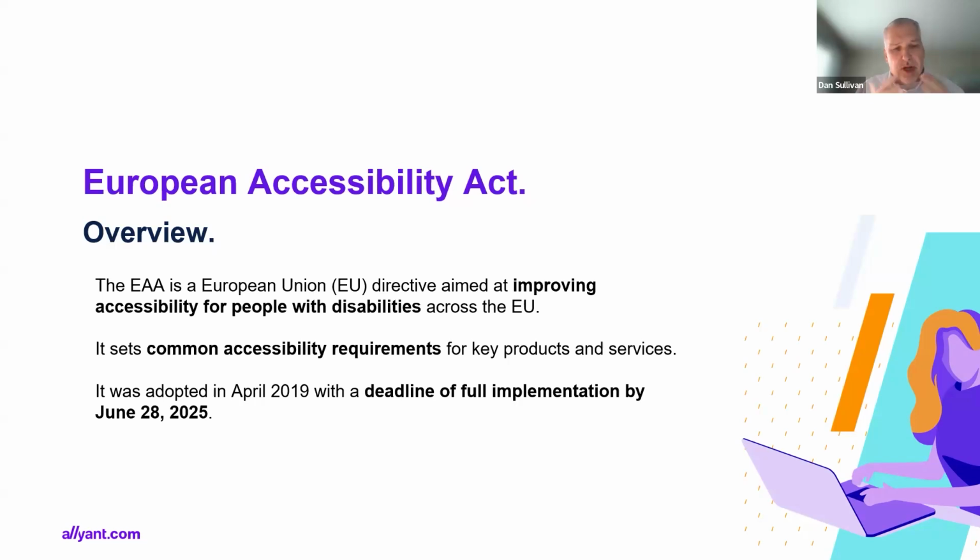It really sets a common set of requirements so that not everyone is guessing and in the dark relative to what these requirements are and what you need to meet for compliance.